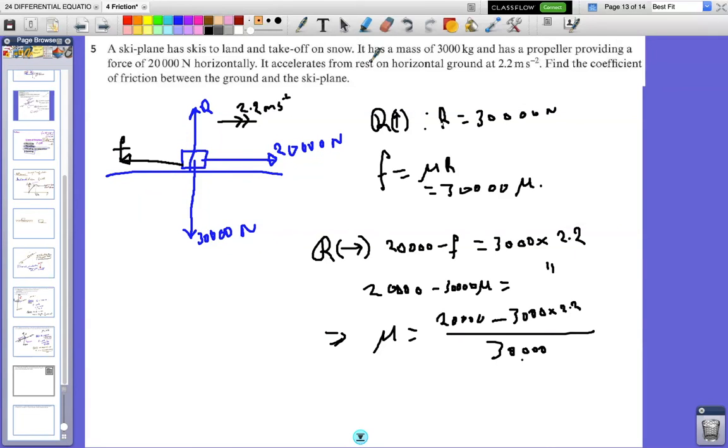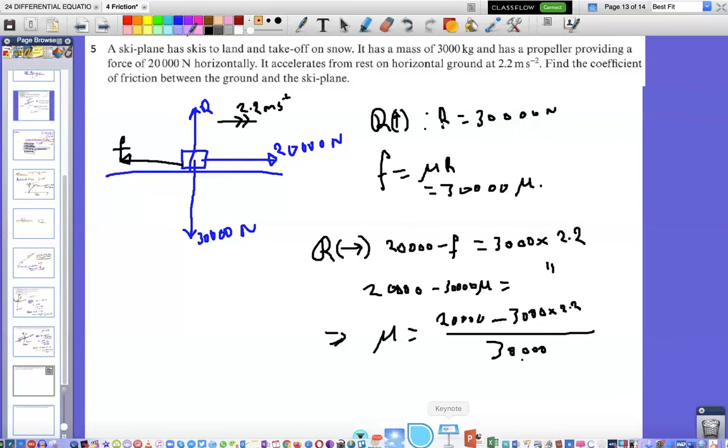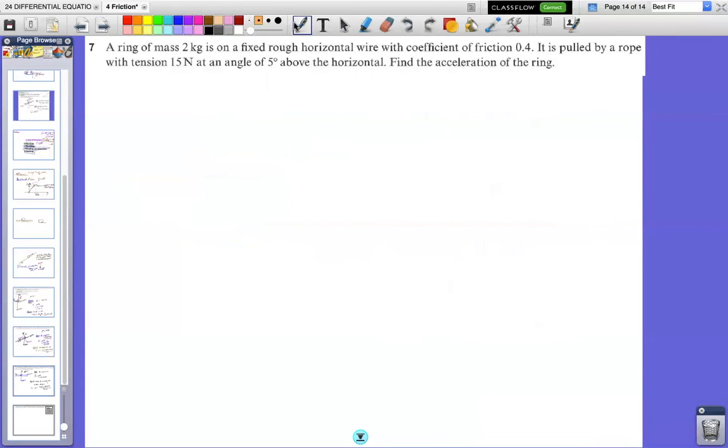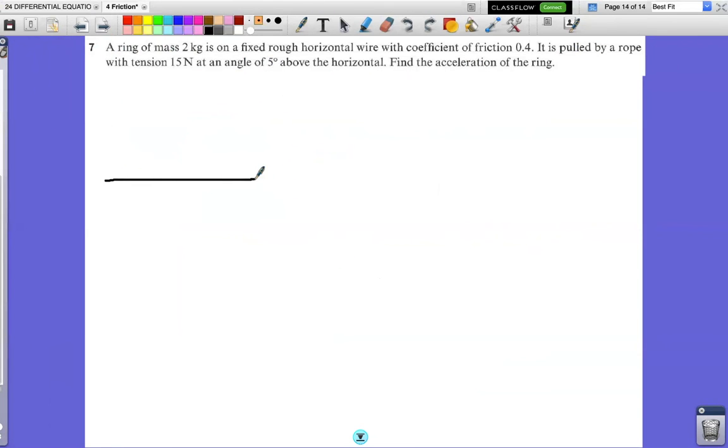Is there anything new on this problem? No. We have less than 1 minute to go. And I don't think there is anything new on question number 7. All that we know is that there is a ring and there is a force. This force is applied at an angle.